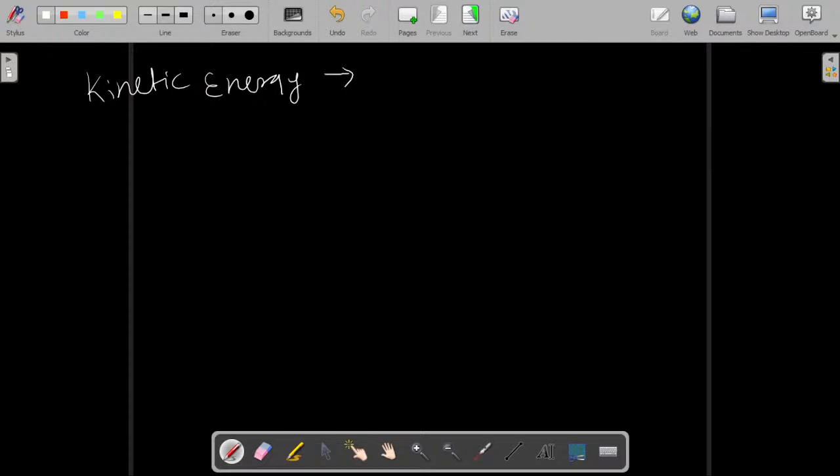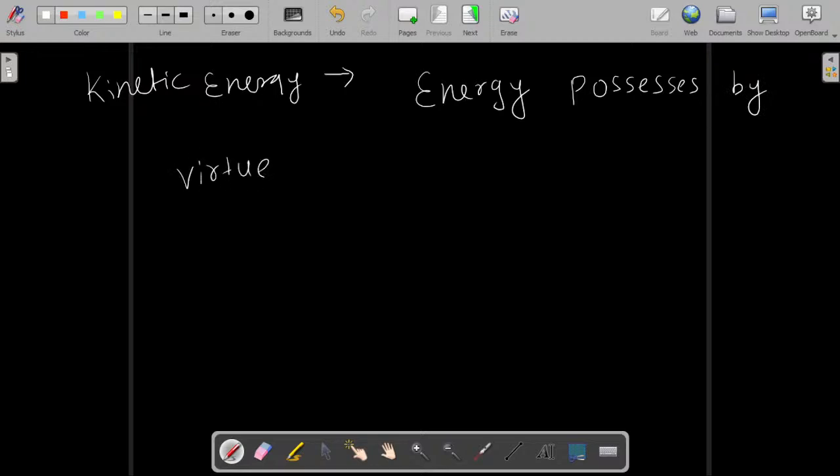Energy possessed by a body by virtue of being in motion. You just make a note.